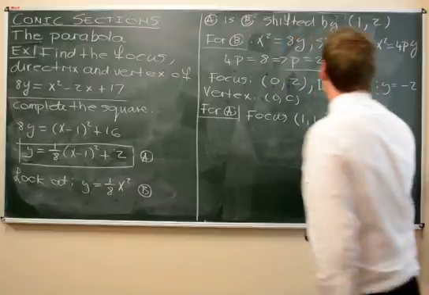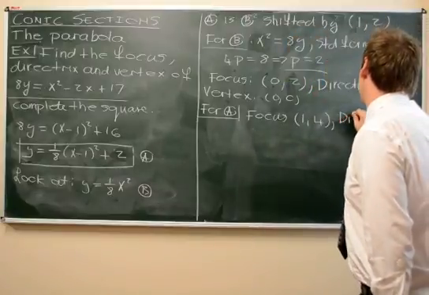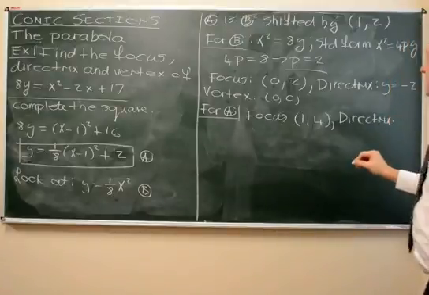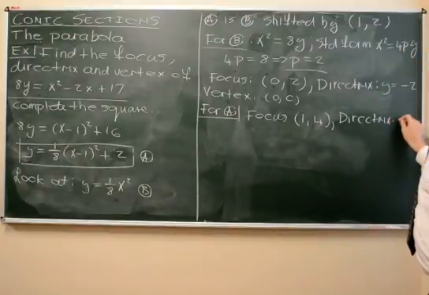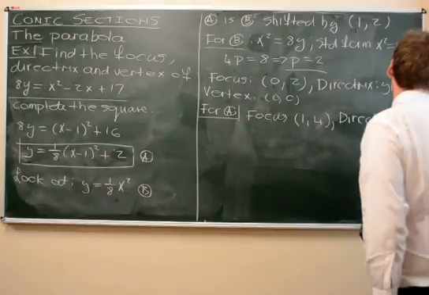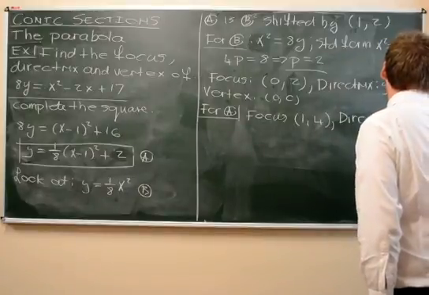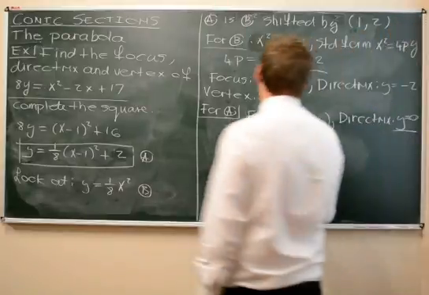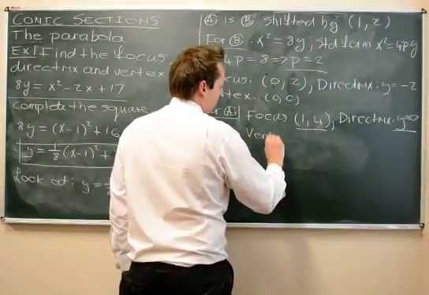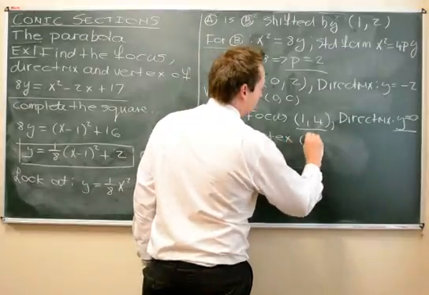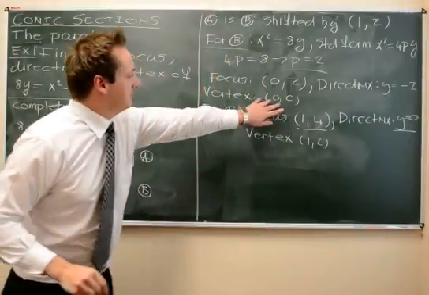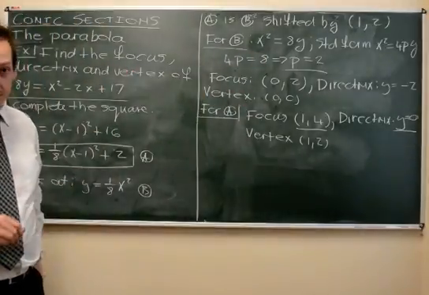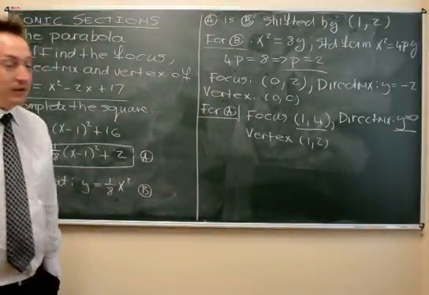The directrix, shifted 2 units up, gives y equals 0. And of course, the vertex (0, 0) will be shifted 1 unit to the right and 2 units up, giving (1, 2). Okay, so now we can sketch it.